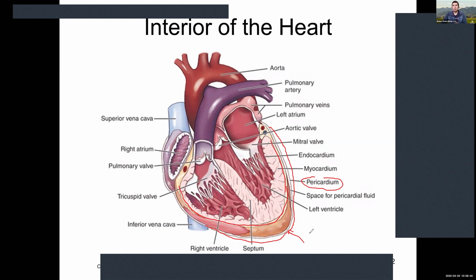Visceral meaning organ, so the part of the pericardium that is touching the organ is visceral. And then the outside of this pericardium is called the parietal. And parietal is the not-organ side. And then inside, between the visceral and the parietal, there's fluid.